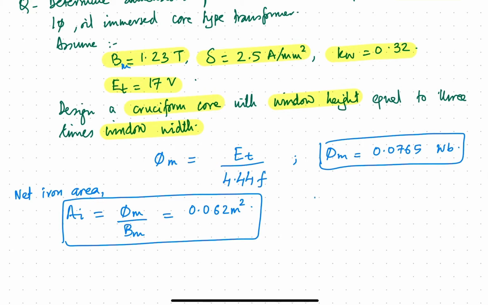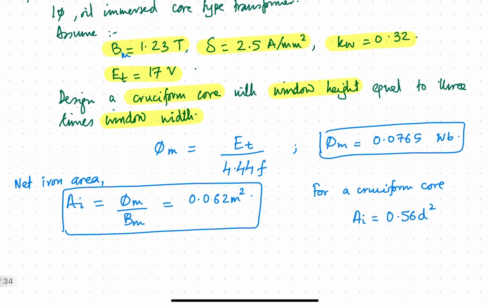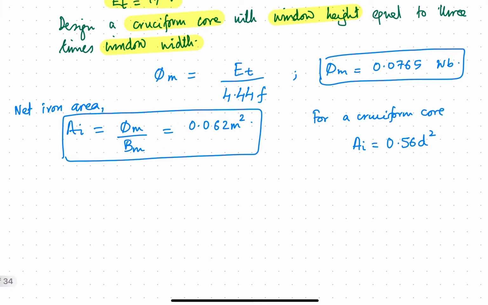We also know that for a cruciform core, the net iron area is equal to 0.56 times d square, where d is the diameter of the circumscribing circle. So d for this case comes out to be 0.332 meters.